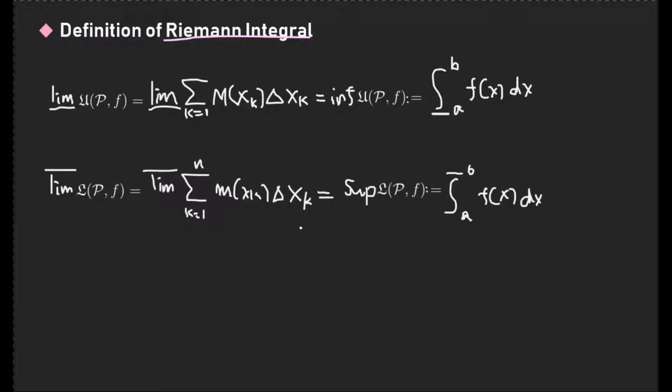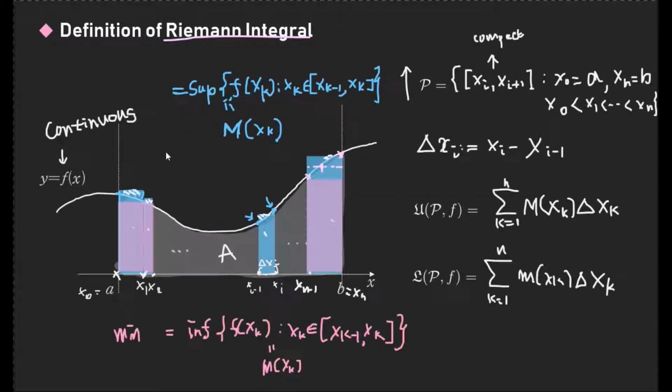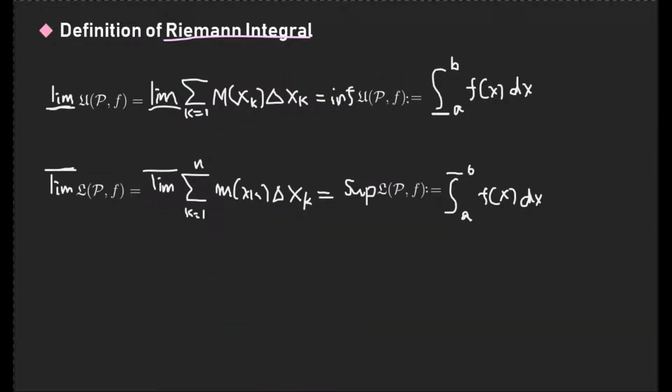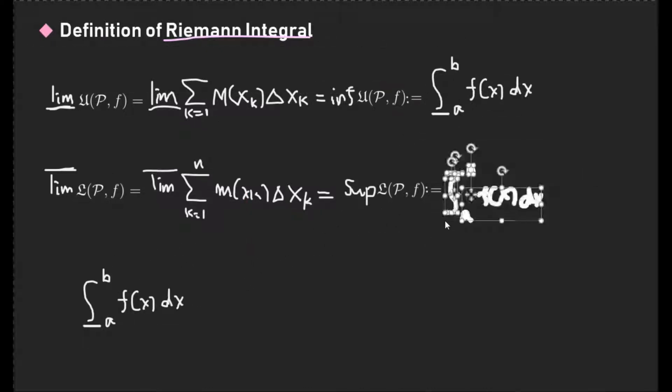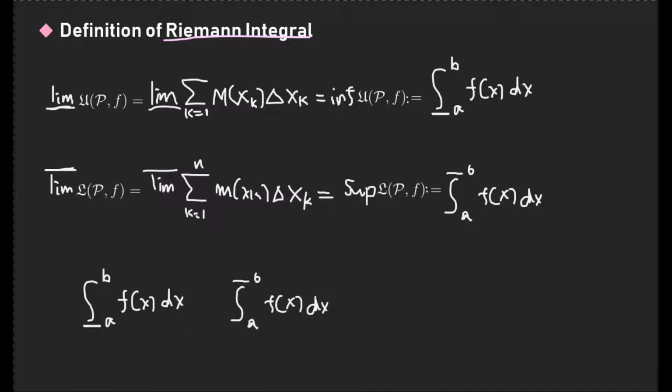And if we take the upper sum and the lower sum, clearly they approach the area A. Indeed, if this value and this value exist and are the same, equal to A, then A is defined as the integral from a to b of f(x) dx.